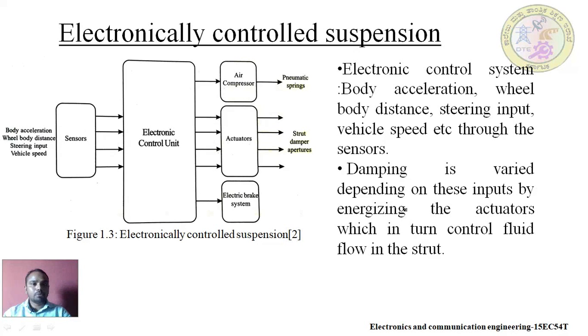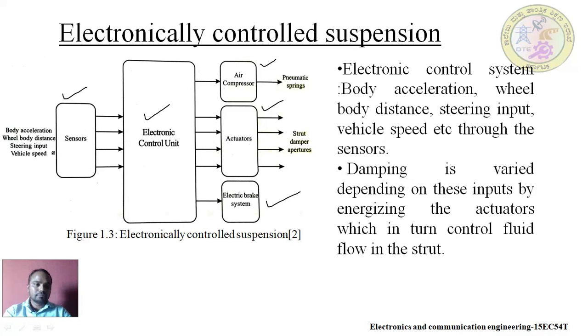This is the block diagram of the electronically controlled suspension system. In it, we have the following parts: sensor, electronic control unit, air compressor, actuator, and we also have an electric brake system.